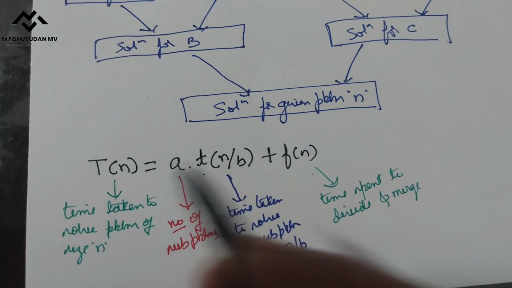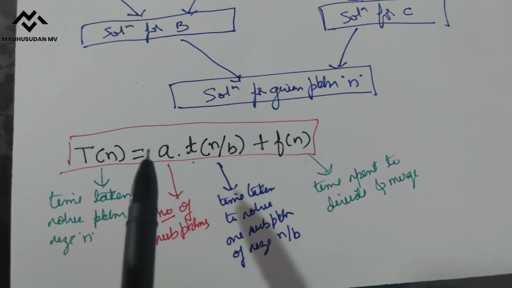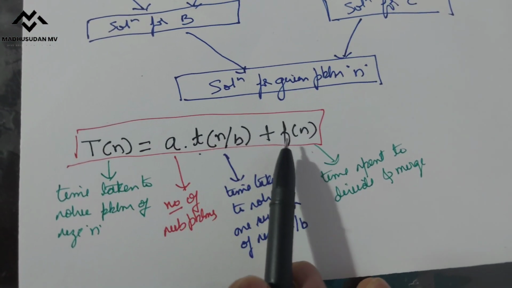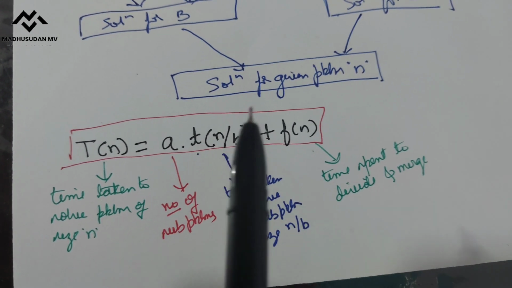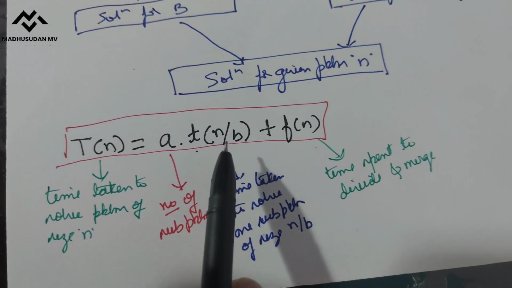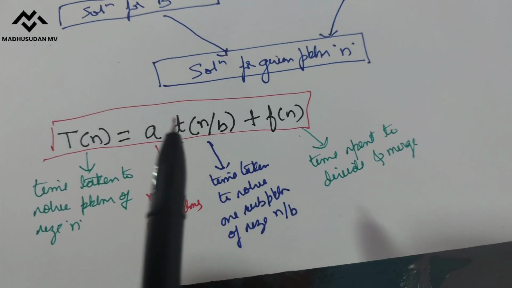So this will be my final equation to find the time complexity of any divide and conquer algorithm. We call this the general recurrence equation to find the time complexity of any algorithm which follows the divide and conquer technique. Hope you understood.